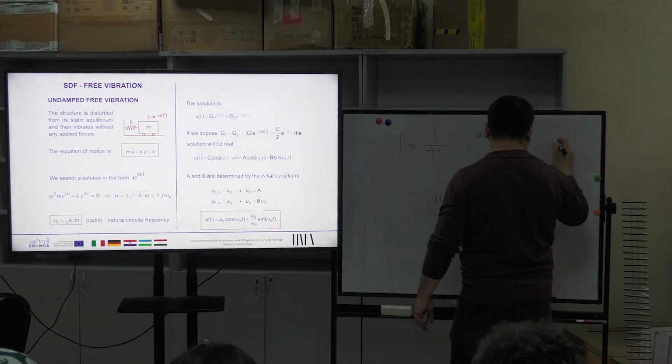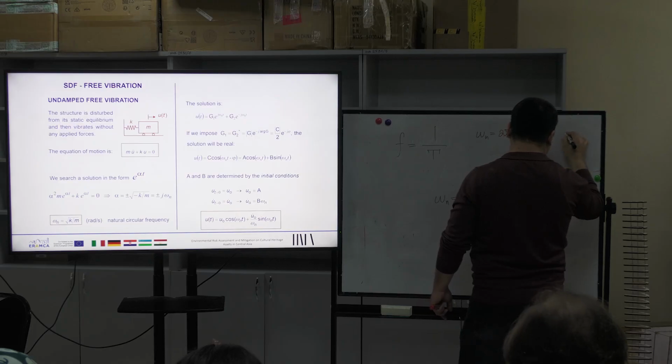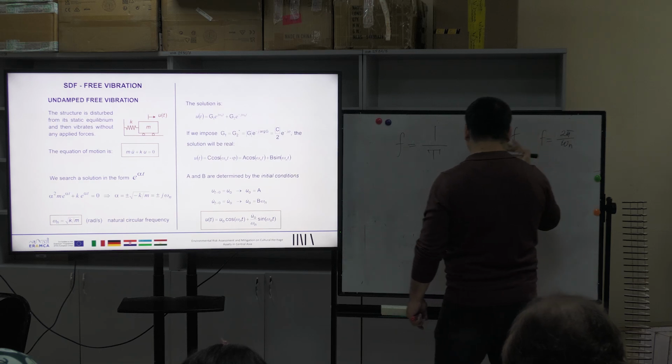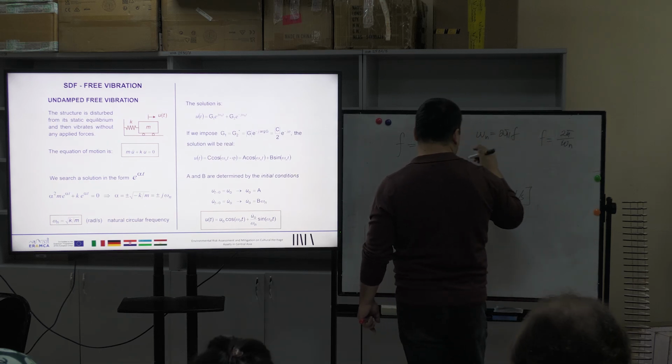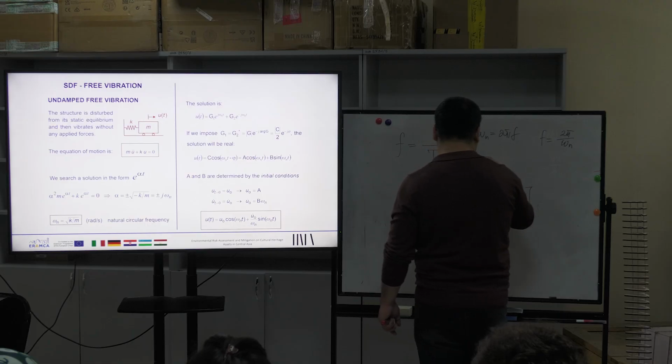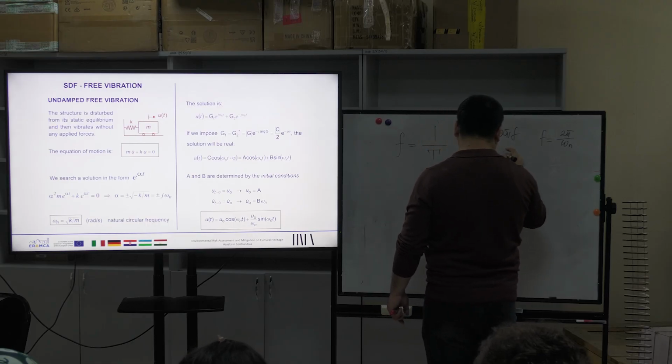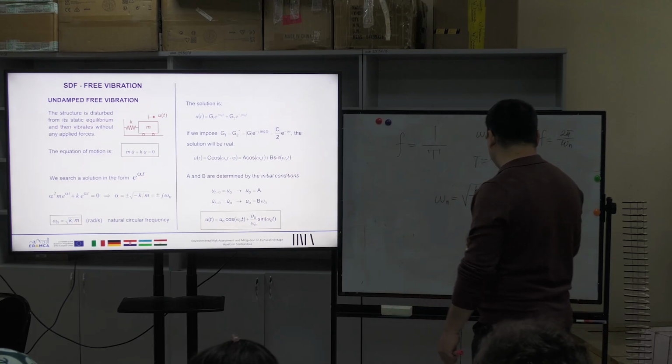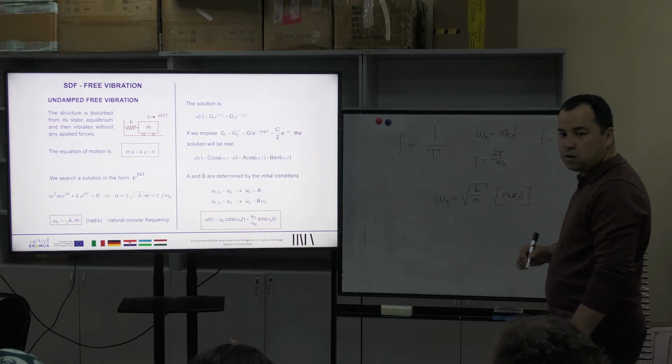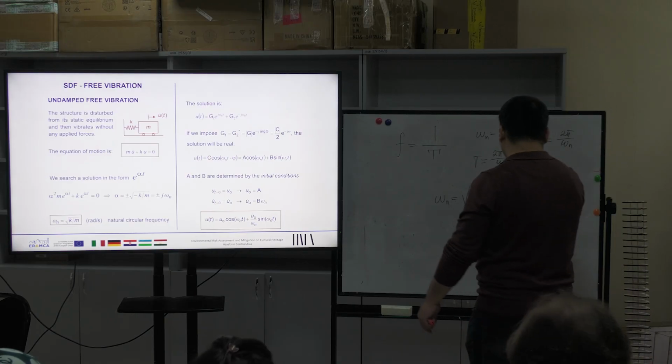Or T is equal to 2 pi divided by omega n. This is the period.